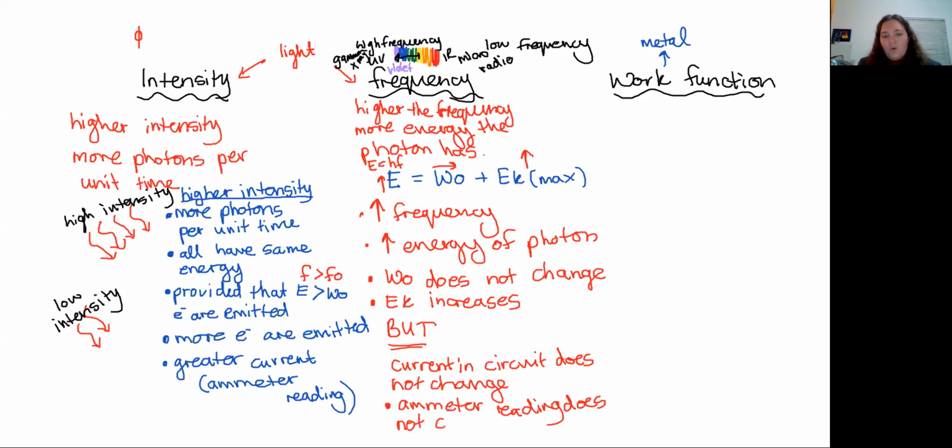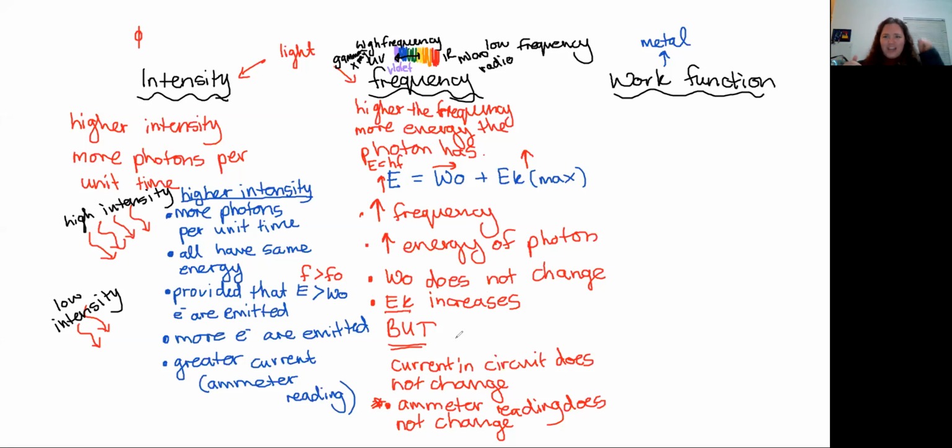What has caused a huge amount of confusion with this concept is that in 2015, one of the memos accidentally said that if the frequency goes up, the ammeter reading goes up. I know that's where I fell apart a little, because I learned that very happily, since it made perfectly good sense.